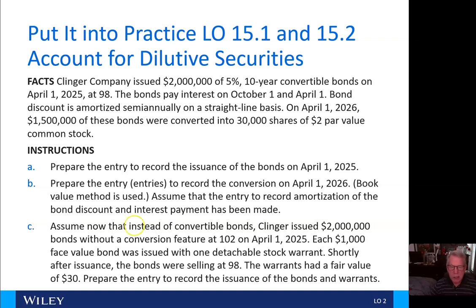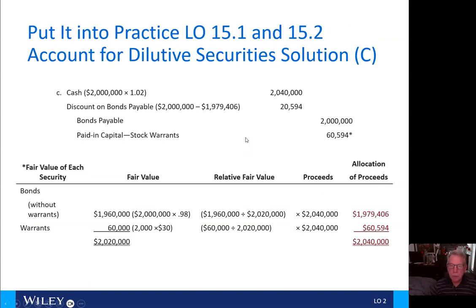So we got into that a little bit when we left off, and we were looking at how we came up with this $60,594. Here we had the cash of $2,040,000, and the discount on bonds payable was $20,594.